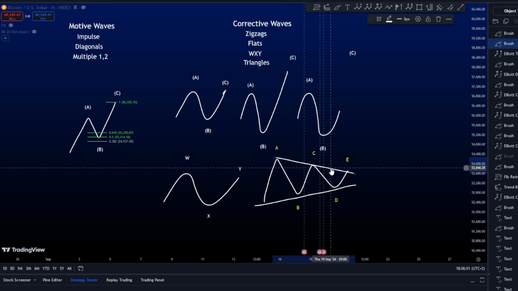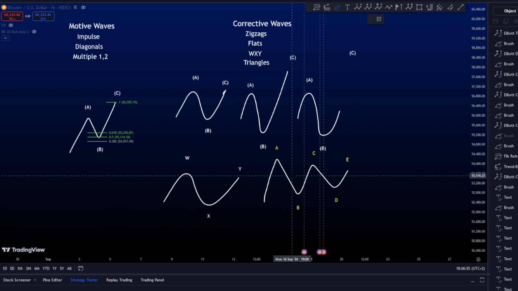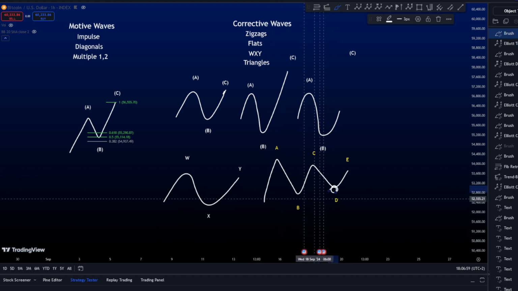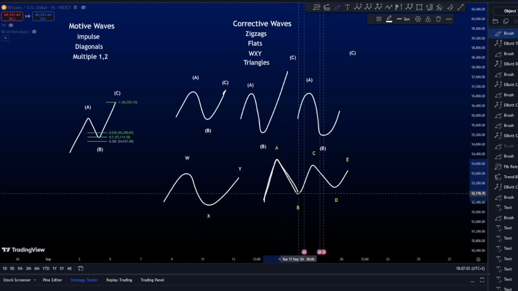So this is your triangle pattern, and it's very hard to detect a triangle until after having your wave D, because if it starts here as A, B, you might think here, okay, we are in a 1, 2.